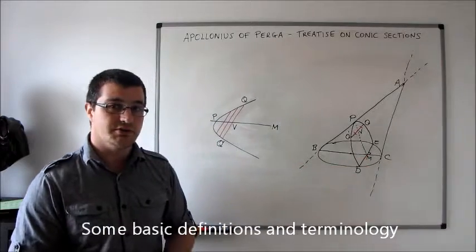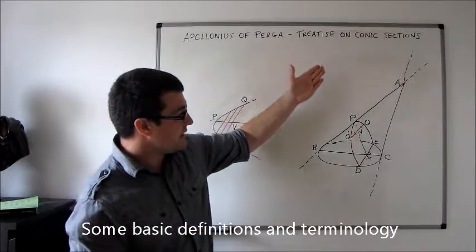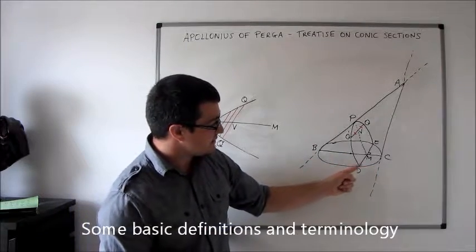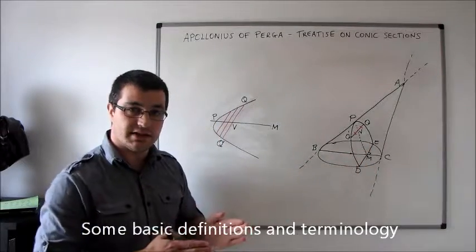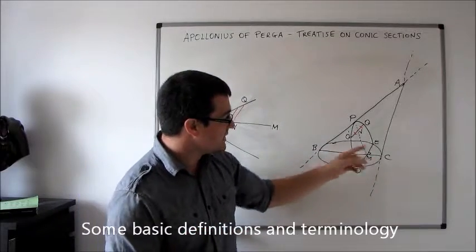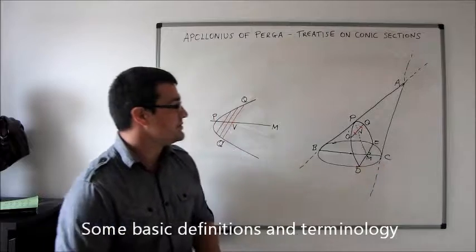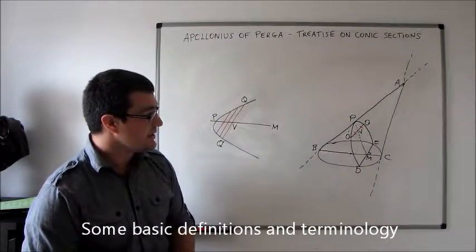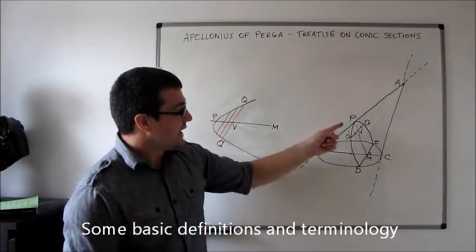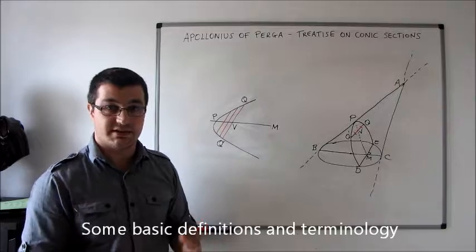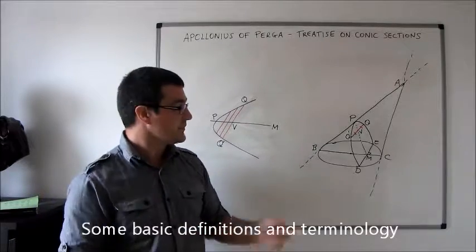We're also going to assume that the way I've cut the section forms this line DME so that it is perpendicular to the base of the axial triangle. So DME is perpendicular to the base BC of the axial triangle. And as it turns out, any line PM that is obtained in this way is a diameter.